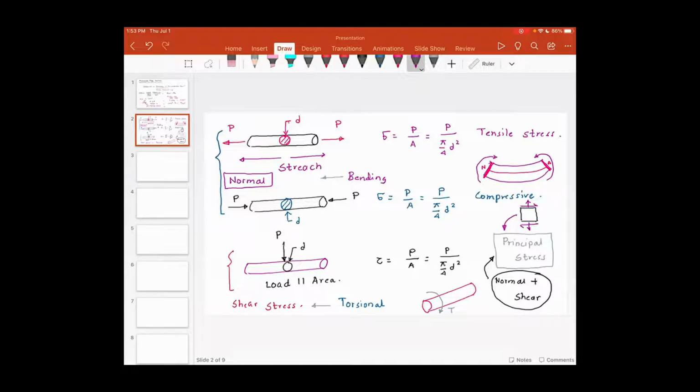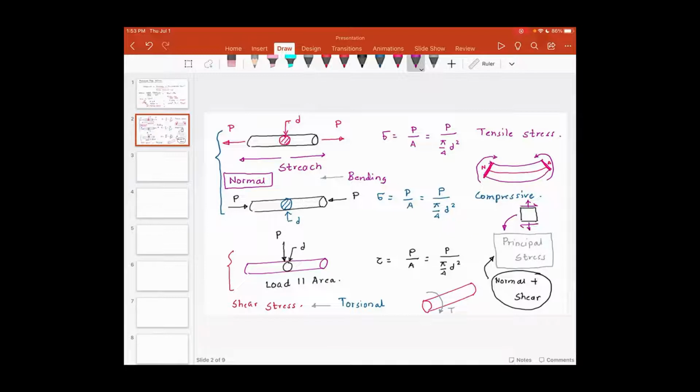The only thing the material does is, as soon as at any point the stress exceeds the built-in resistance, or the built-in strength, of the material, it is going to fail.